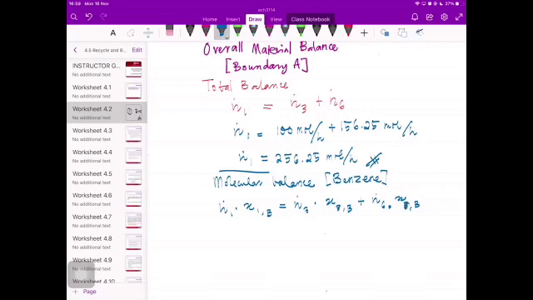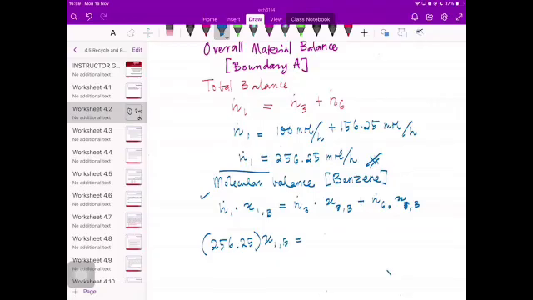So what are the information that we know? We already know N1, so N1 is 256.25. We don't know the mole fraction of X1, so we'll just leave it as an unknown.